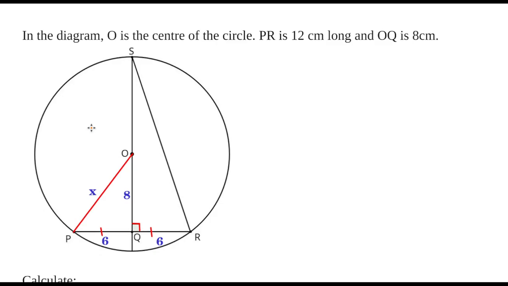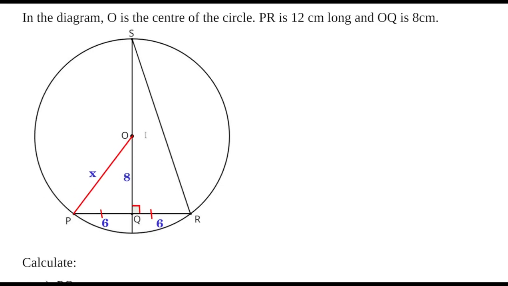SR, calculate SR. How do we find SR? Now we found that this is 10, and this one is also the radius, so it's also 10. We need to find that one. So it's going to be 10 plus 8, which is SQ. Let's first find the hypotenuse. The hypotenuse is the longest side, or the side opposite 90 degrees. So opposite 90 degrees, we have SR squared.